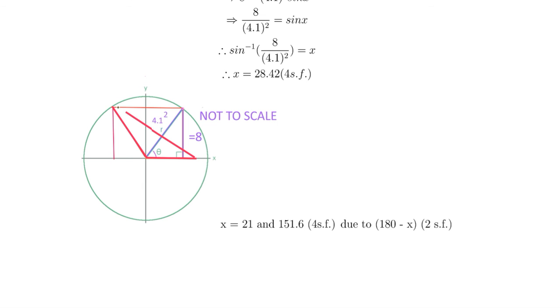And this one, which has a triangle height of this, which is the same as 8. There's no difference in this, 8. This length here is the same 4.1 squared. So is this 4.1 squared? So let's say 22. And this new angle in here will produce the same relationship for sine.